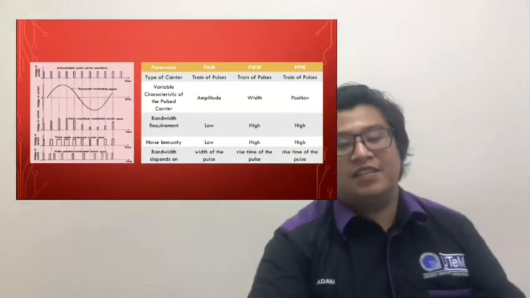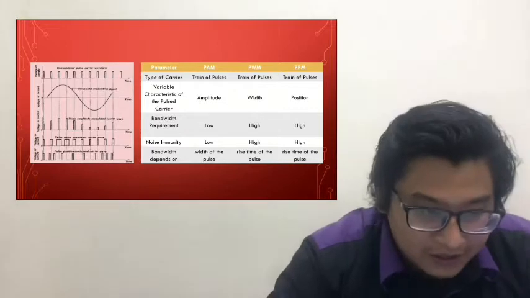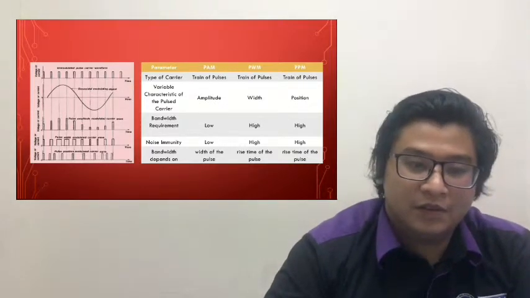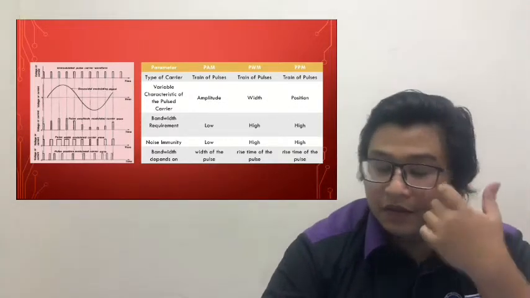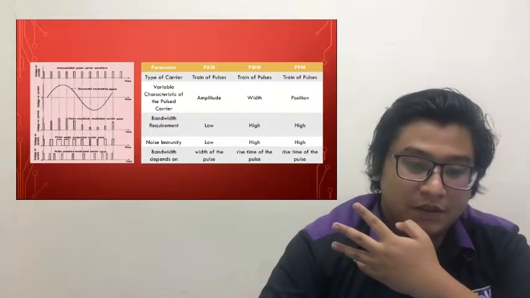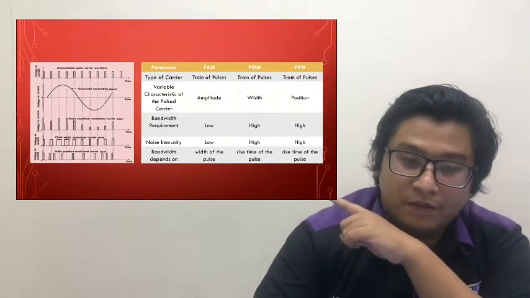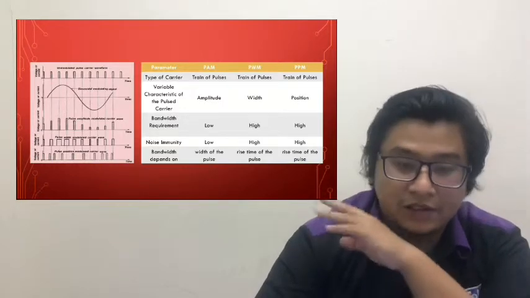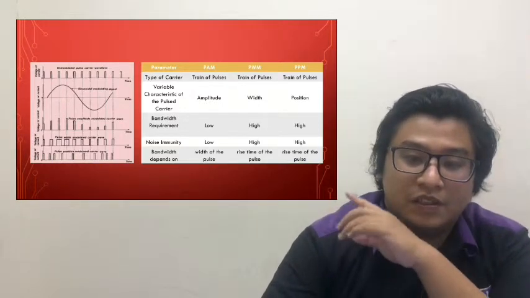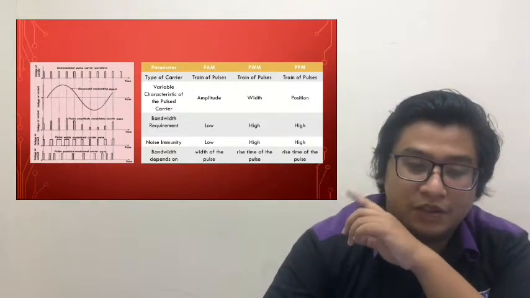As you can see, the diagram shows the waveform. The waveform has three modulations, which are pulse amplitude modulation, pulse width modulation, and pulse position modulation.